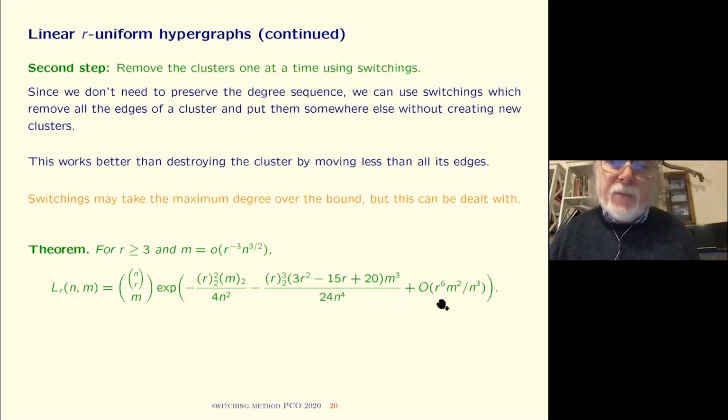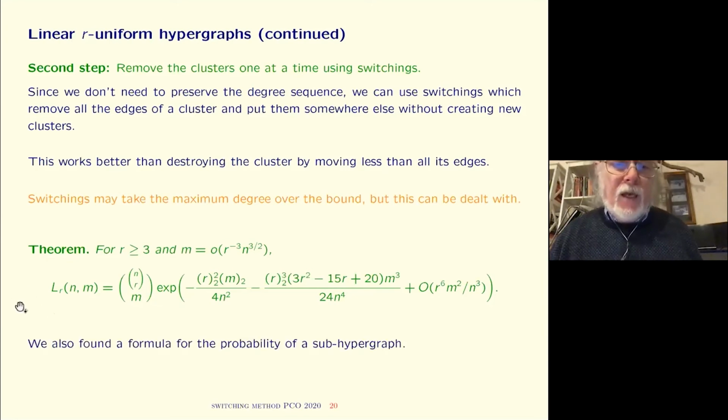So the exponential part is the probability that a random one is linear. We also found a formula that gives the probability of a specified sub-hypergraph appearing in our random linear hypergraph.